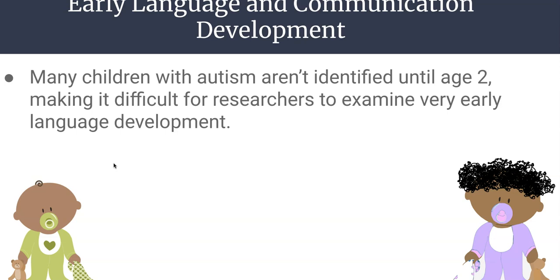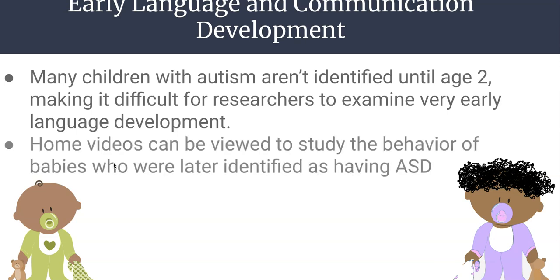And so we're able to identify things early, but we've also learned a lot more about what kids that eventually have autism do early on versus kids who don't eventually have autism. So we're going to use home videos and kids that were followed from the very, very beginning.